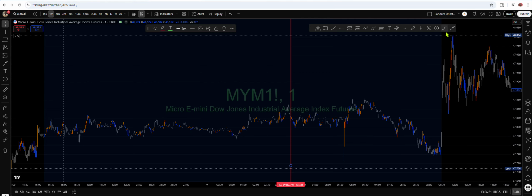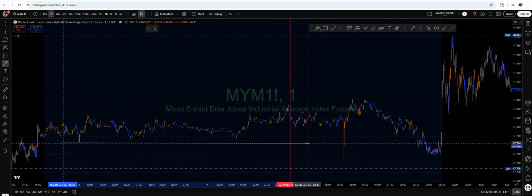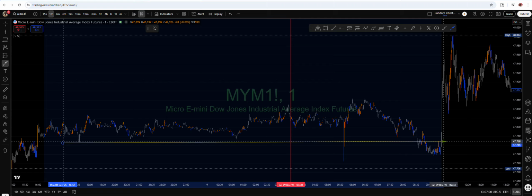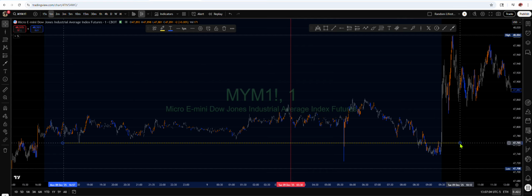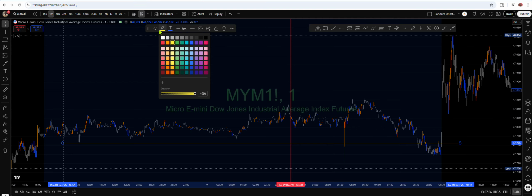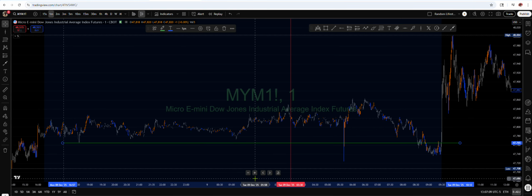So now we have the Asian lower low, right? Asian lower low. This is going to be green because that's where we have the other one green.